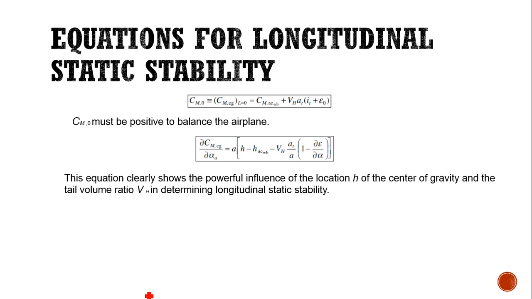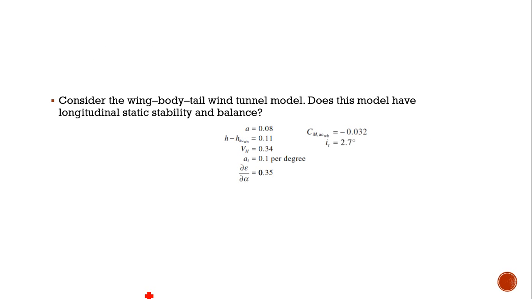So next problem: consider the wing body wind tunnel model. Does this model have longitudinal static stability and balance? So we need to find whether the model has longitudinal static stability and balance.